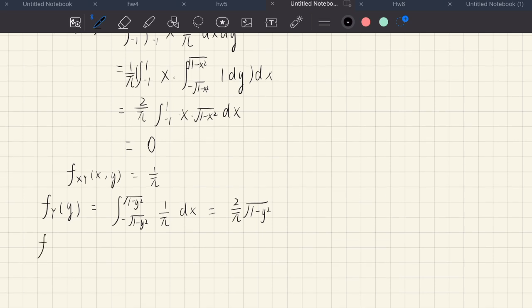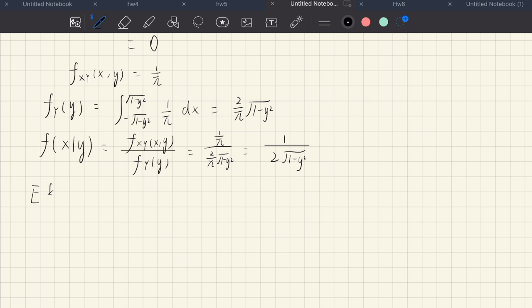And we calculate the density function of X given Y. This should be equal to this over f_Y, which equals 1 over 2 times the square root of 1 minus y squared.